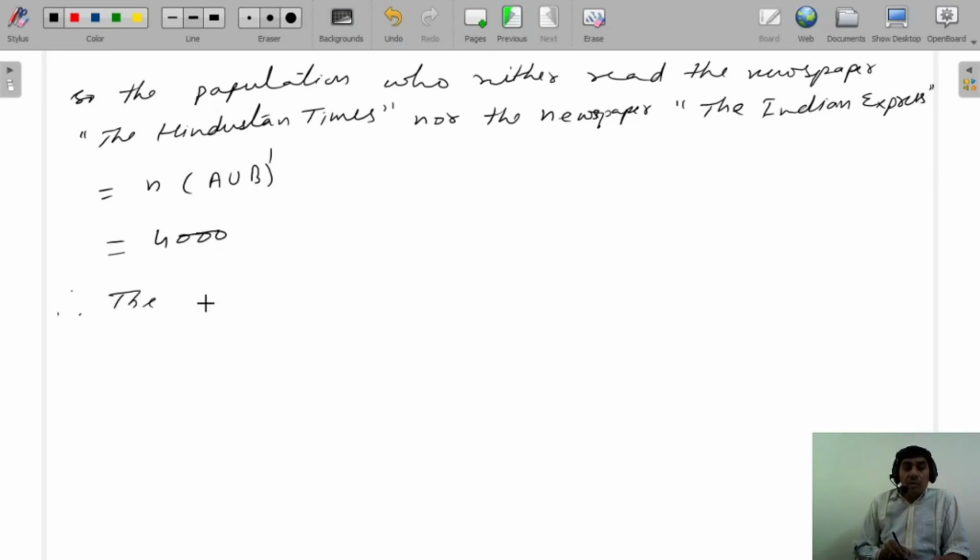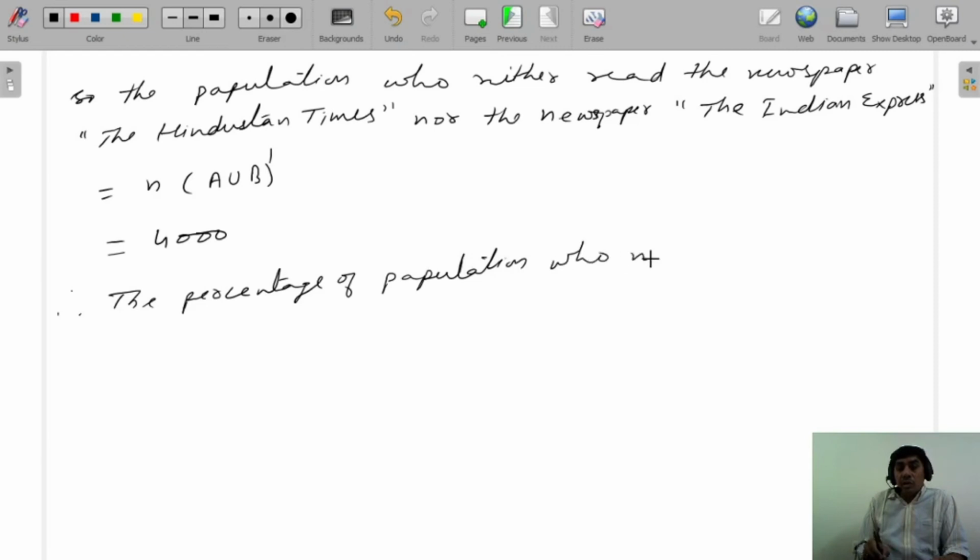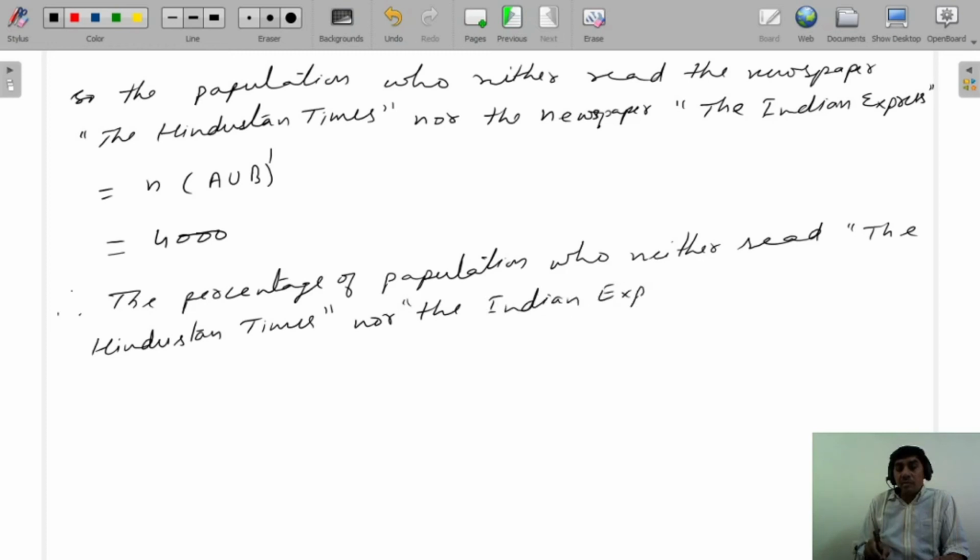So the percentage of population who neither read the Hindustan Times nor the Indian Express is equal to 4,000 divided by 25,000 into 100, which is equal to 16%.